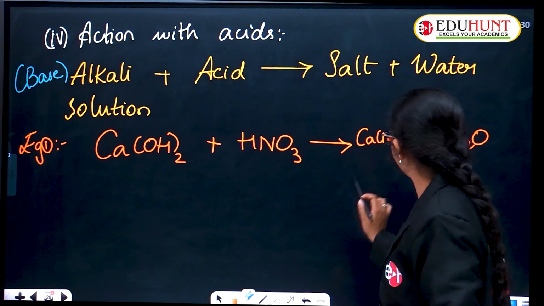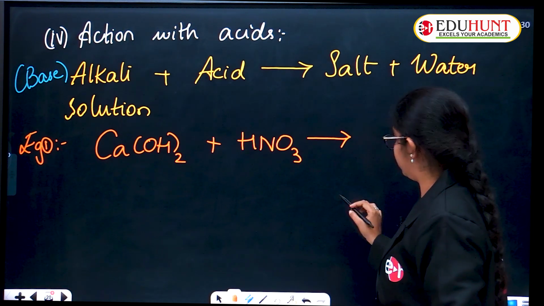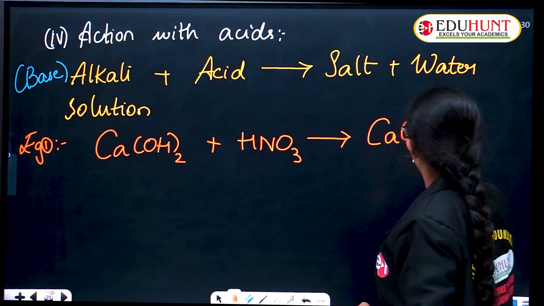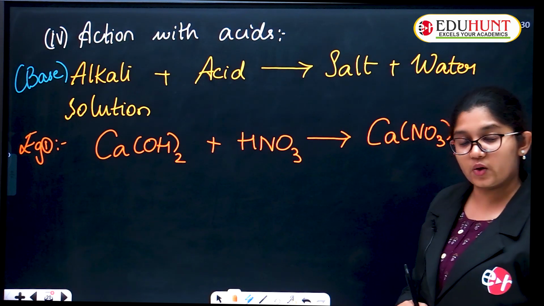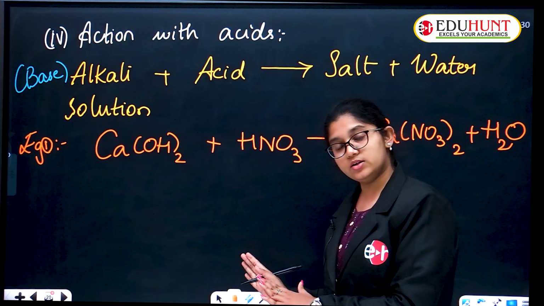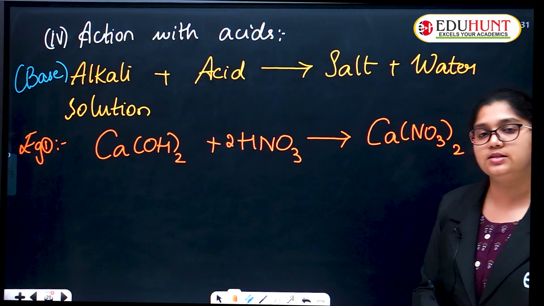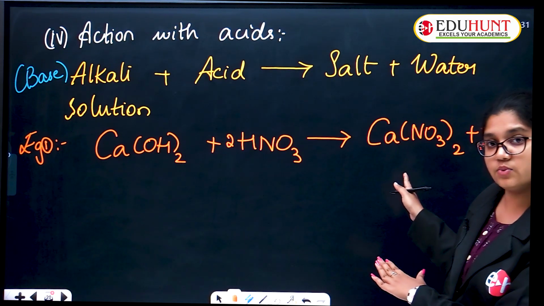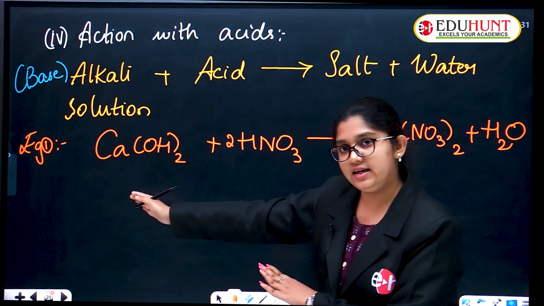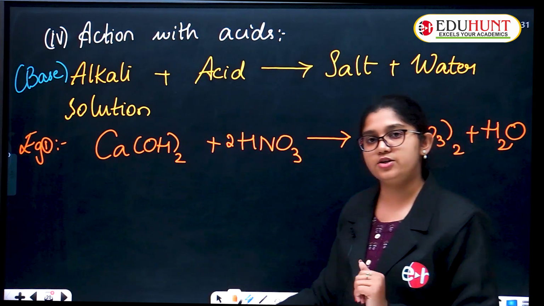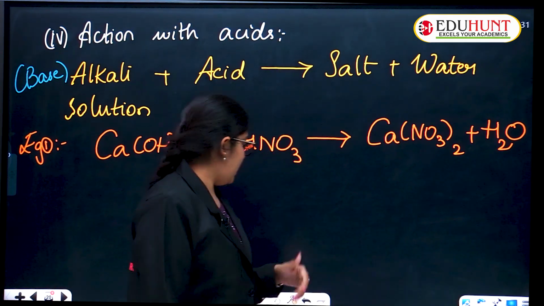Wait. Place is not sufficient. Just a second. Okay. It gives rise to Ca(NO3)2 plus water molecule. So whenever you take calcium hydroxide plus nitric acid with 2 molecules, it gives the products, a salt made up of this alkali and this acid, and after that, water. Okay, I'll write the names also for you.